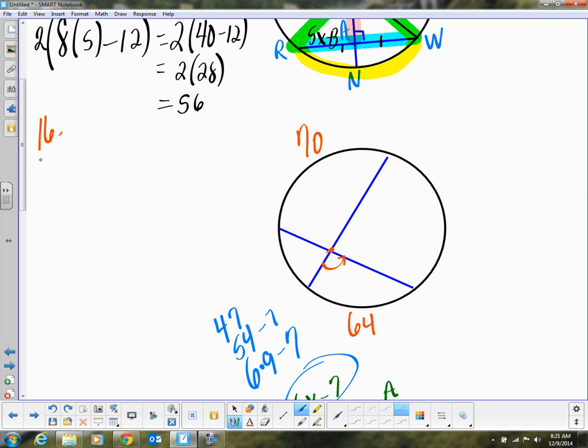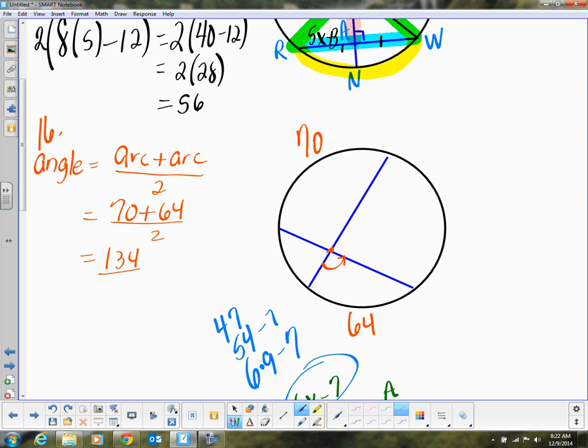What's the formula then from your foldable? Arc plus arc divided by 2. All right. What's one arc? Okay, so I heard 70 and I heard 64. That's going to be 134 divided by 2, which is 67. Good job.